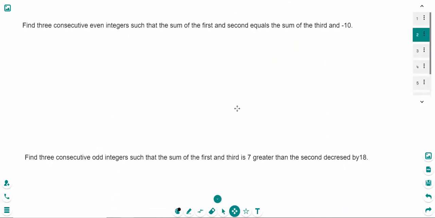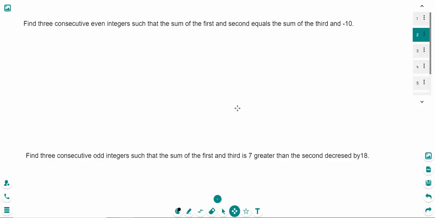All right, so now that we kind of understand the setup, let's try a problem and see how you do. So, the first one, find 3 consecutive even integers such that the sum of the first and second equals the sum of the third and negative 10. All right, sounds complex, but I think once we unpack this, we'll find it's not so bad.